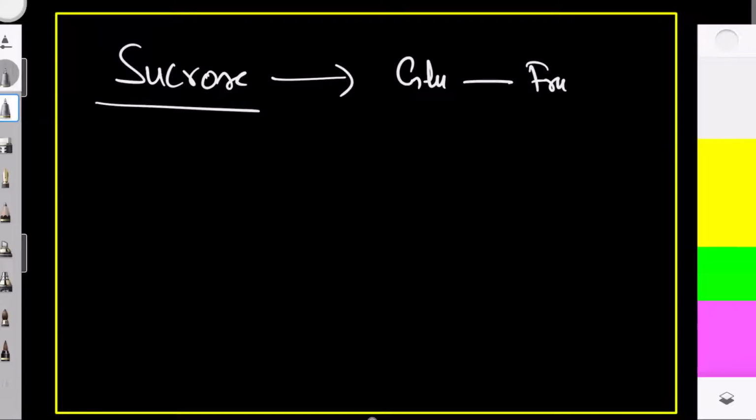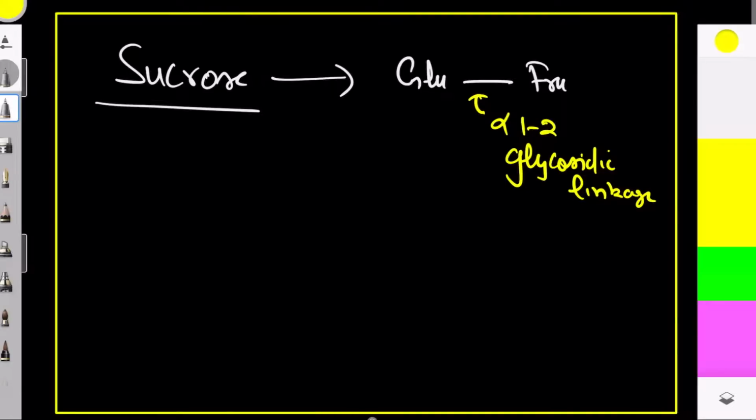These two monosaccharides are being joined together by alpha 1,2 glycosidic linkage. So if in between glucose and fructose you are going to have this alpha 1,2 glycosidic linkage, then you are going to have the disaccharide sucrose. Sucrose is a disaccharide, and in this form the sugar is being transported from leaves to other parts.